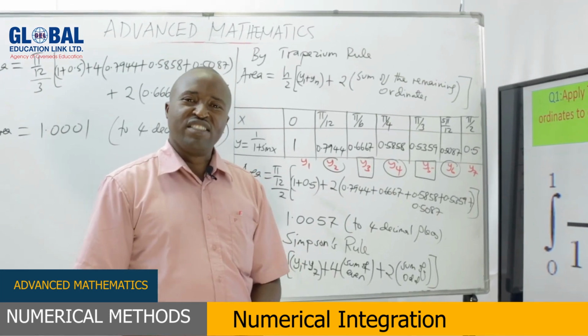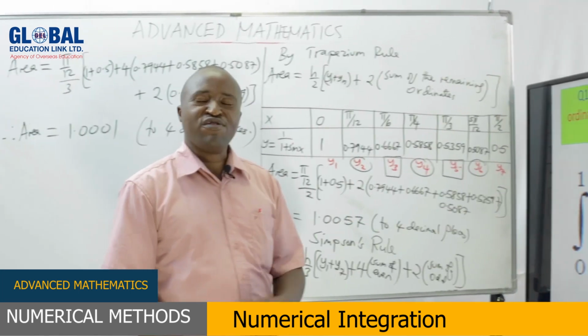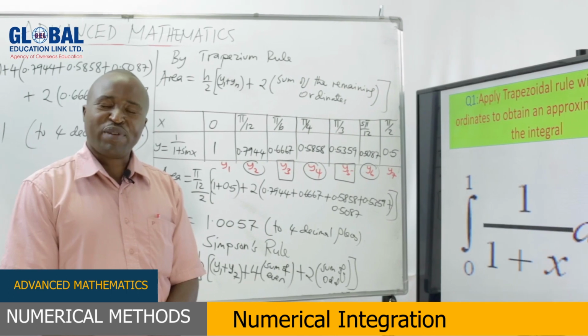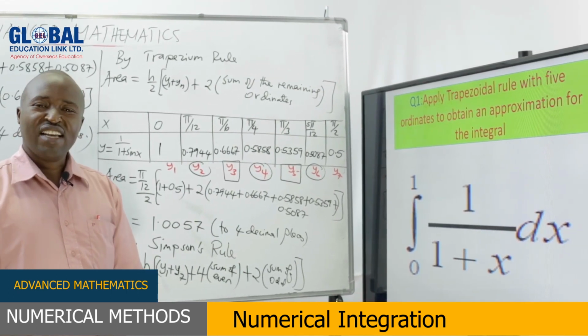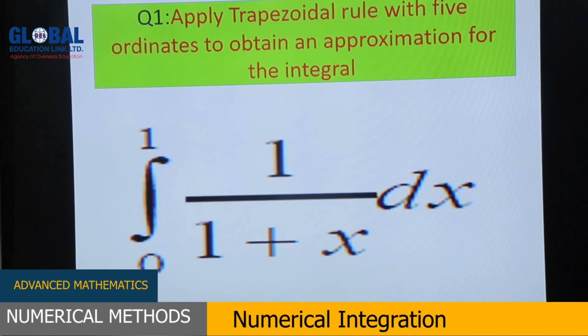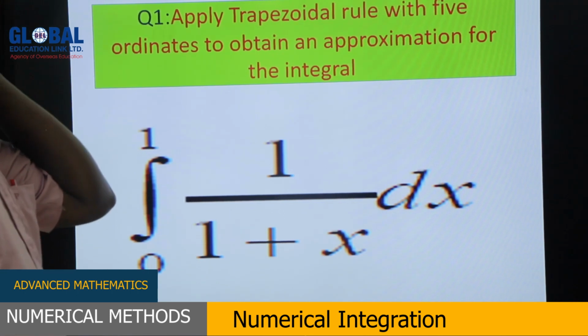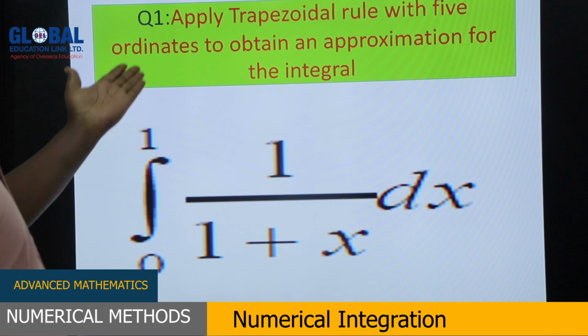So my dear student, here there is an assignment for you. It's your time to practice using the trapezium rule and the Simpson's rule. So the first question, that is your assignment.